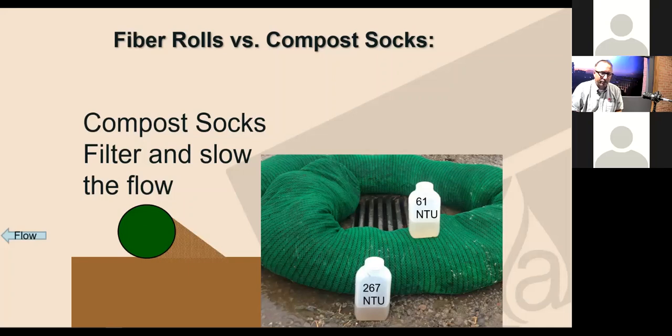I would need to look at what particular product we're looking at because there are tons of products out there right now. But your traditional fiber roll is not. Once you stuff it with straw, whether it's rice straw or wheat straw or any other straw, once you stuff it and it's that compacted in, it does not filter. It's possible there are some products out there that do filter.